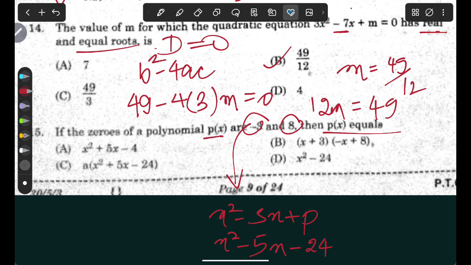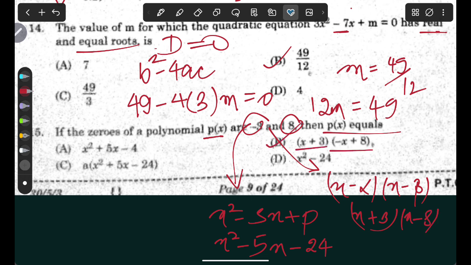Minus 24. x square minus 5x minus 24. Or we can simply write the polynomial as x minus alpha, x minus beta. So x minus minus 3, x plus 3, x minus 8. These are the zeros. Option number B is the correct answer.